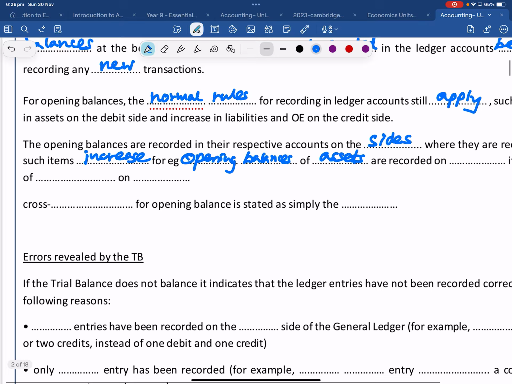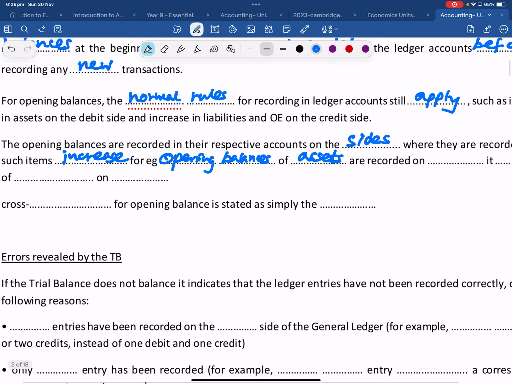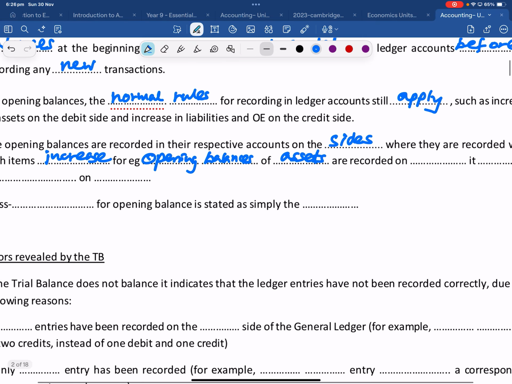Whichever side increases, it goes on that side. Yes, you are correct.